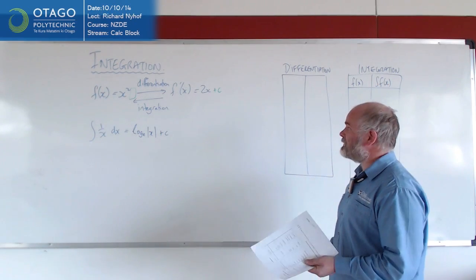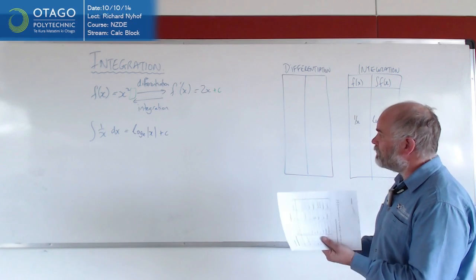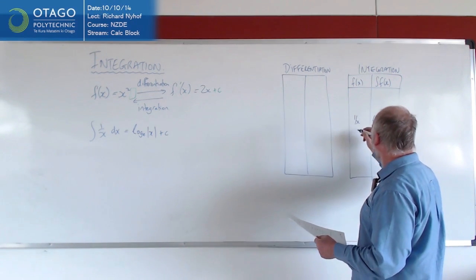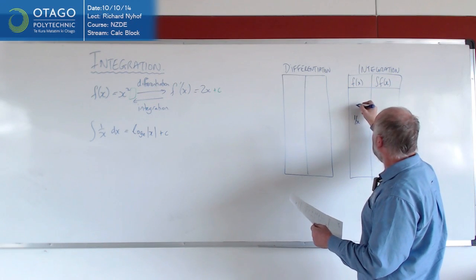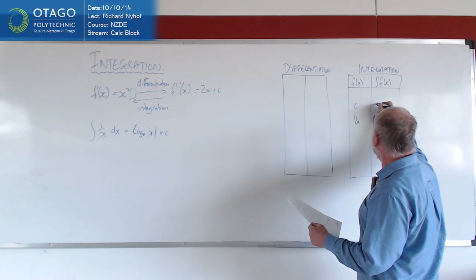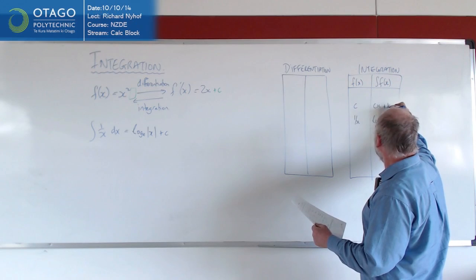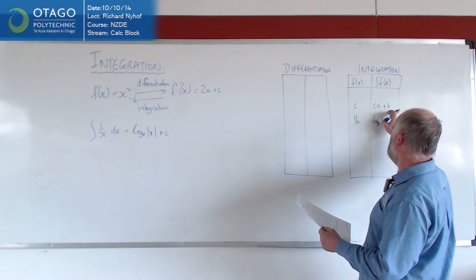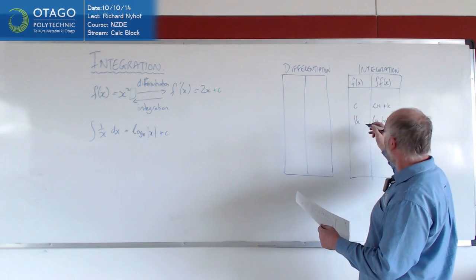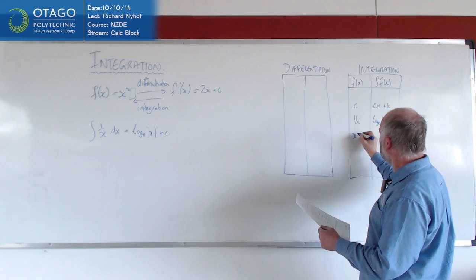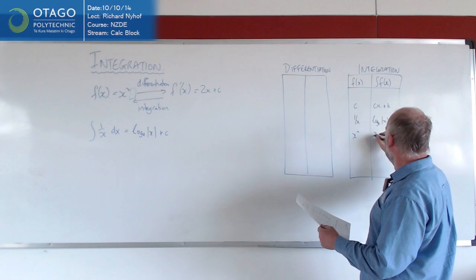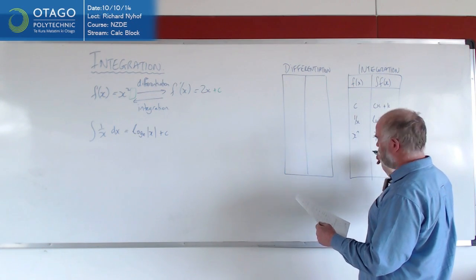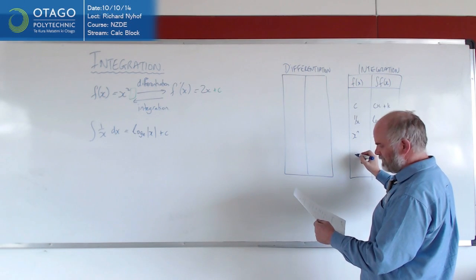Okay. And exactly like we did last time, you can read all sorts of exciting things off your table. So if we were doing, let's see what we've got, c goes to cx plus a constant. This is if you're integrating a constant, you get that constant times x plus a constant. x to the power of n turns into x to the power of n plus 1 over n plus 1 plus a constant, and we'll pick one of the funny ones down the bottom.